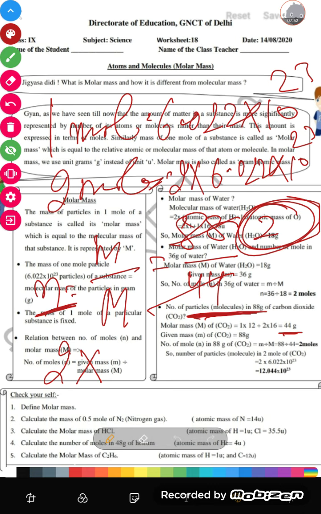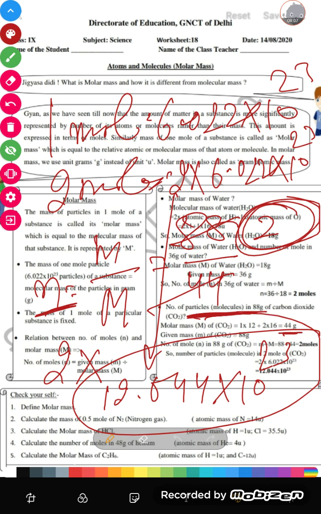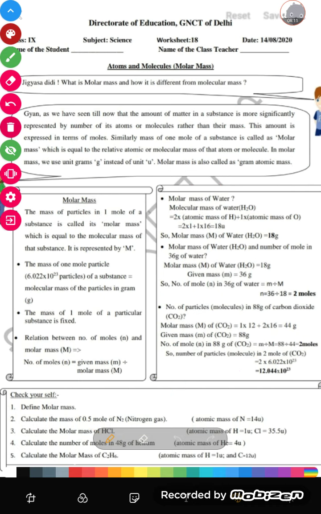So we have the answer: 12.044 into 10 raised to power 23 particles, right? So this is all about your today's worksheet.